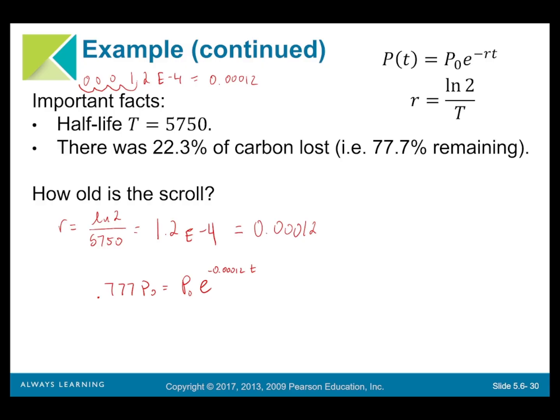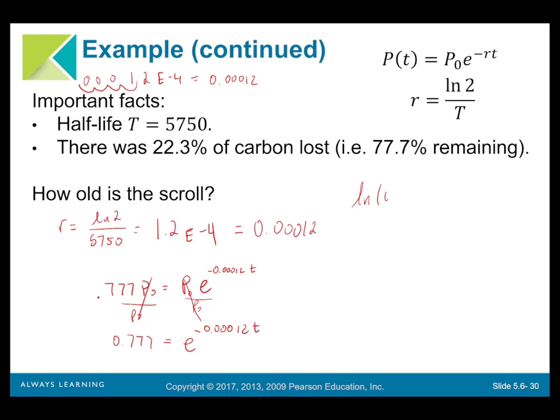All I know is that it was 77% of the initial population, which I can represent as 0.777 times P0. But then, of course, my P0s cancel once I divide by P0. And I get 0.777 equals e to the negative 0.00012 t.